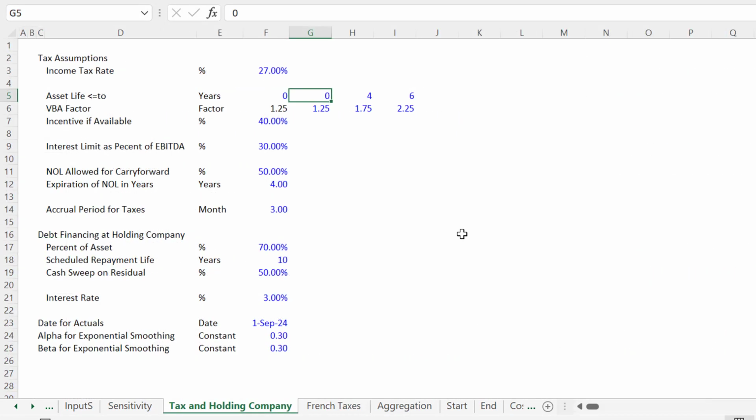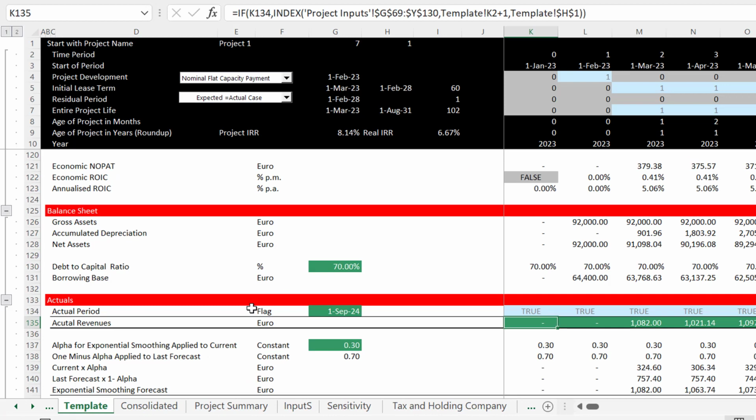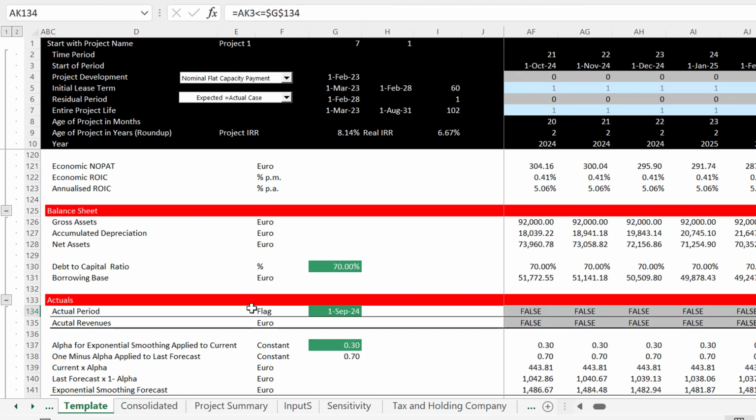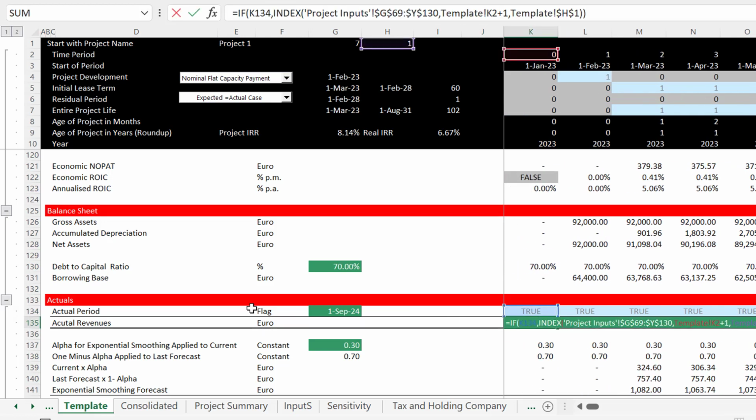Somewhere over here, I put 1 September 24 as the end of the holding period, and then we put in an actual period flag. We get that from the holding period, and it just stops then. That way you can change that month by month, and then you do that same index thing.